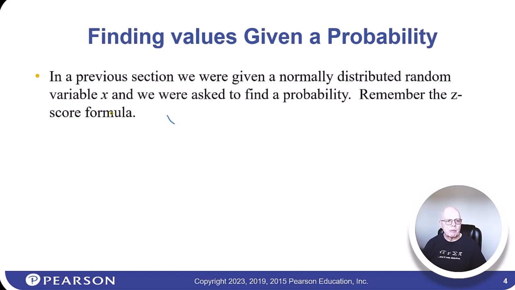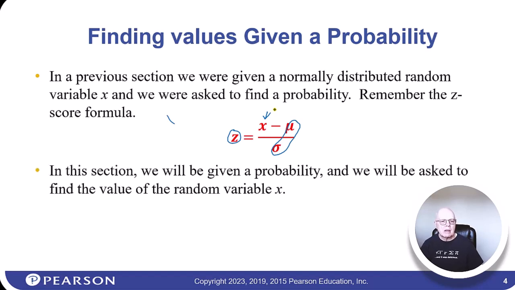So, remember the z-score formula. There you go. In particular, if you had a z-score and you knew which normal distribution it was, meaning you have the mean and the standard deviation, you can find the missing part. It's simple algebra, or should be for you anyway. So we're going to find x values in this section.